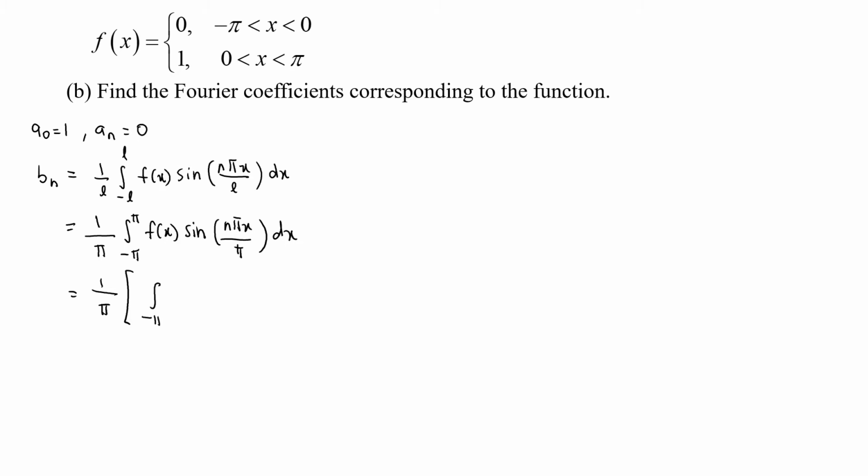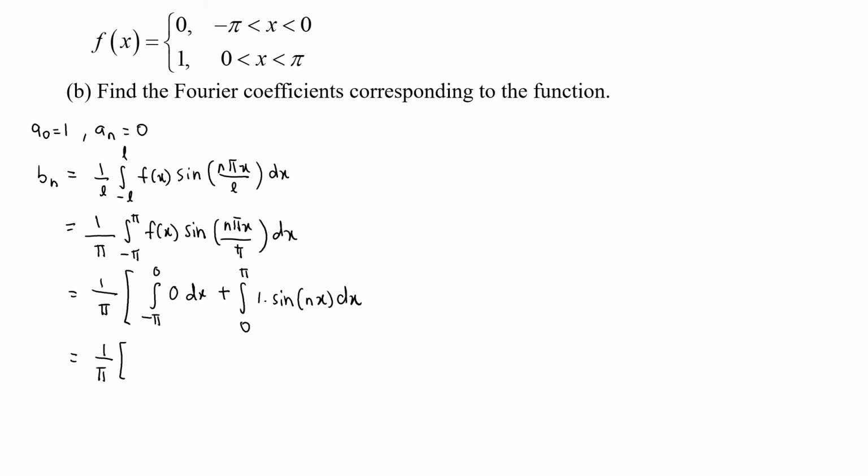So first we do the interval from negative pi to 0, where the function is equal to 0. And then the next one will be from 0 up to pi, and the function is equal to 1 times sine(nx) dx.